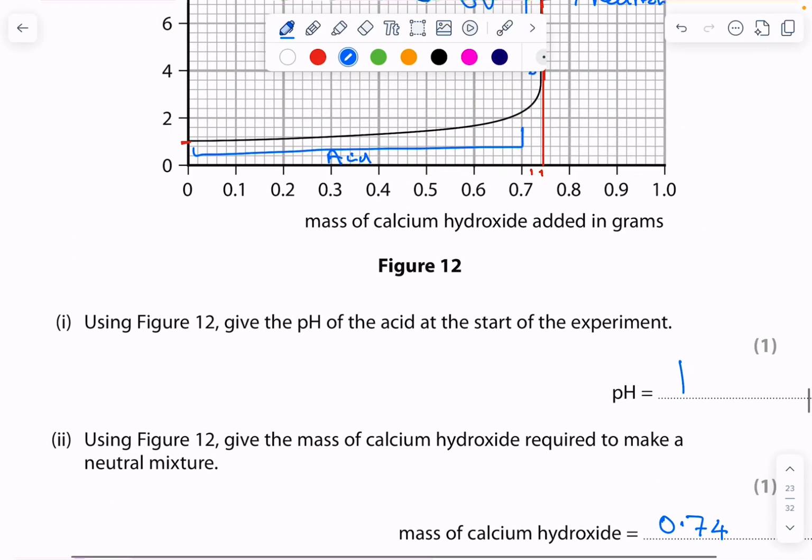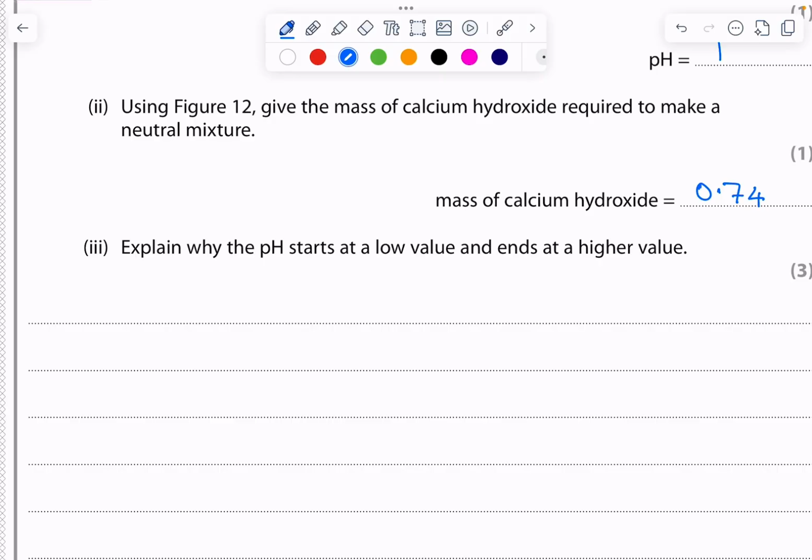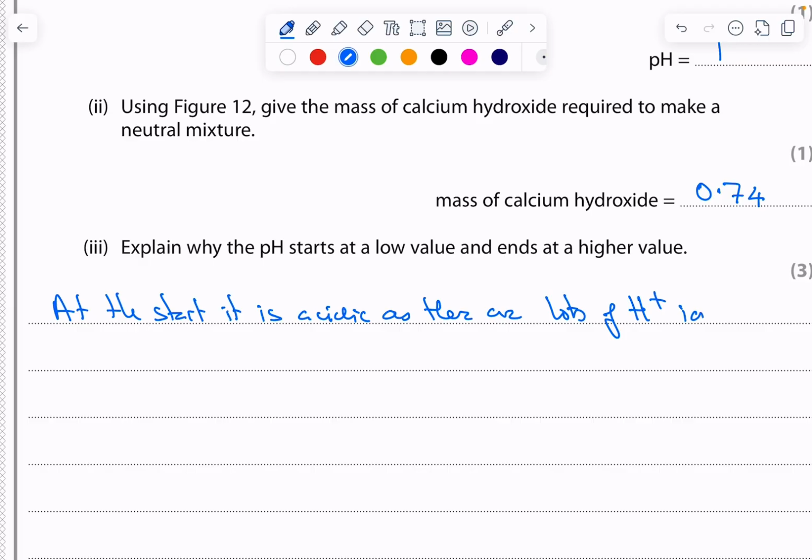Okay, so to explain why the pH starts off as acid and changes. If you remember, the reason it's acidic is because it's got a lot of hydrogen ions. So at the start, it is acidic as there are lots of H+ ions, lots of hydrogen ions from the solution.